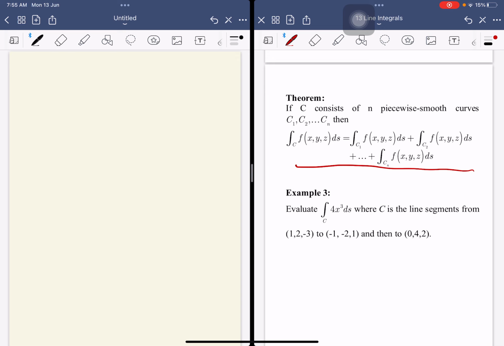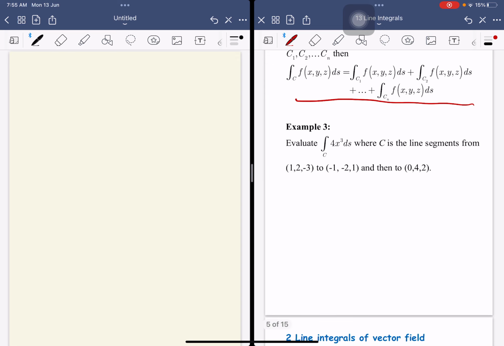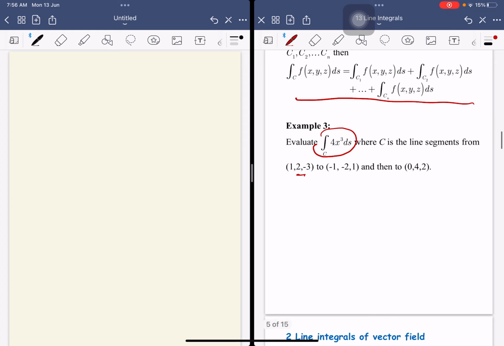For example, the question asks you to evaluate this line integral where C is the line segment from this point to this point. This one is C1, and then from this point to this point is another line segment, let's name it C2. So this involves three points.